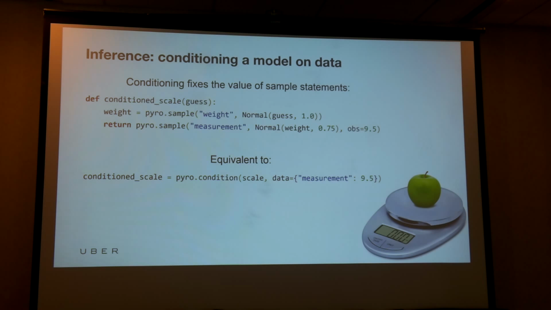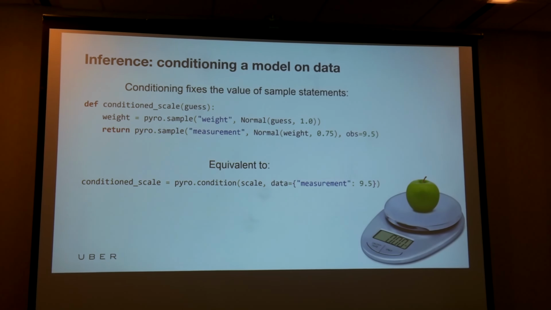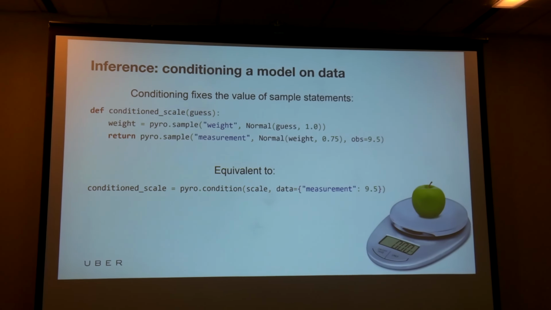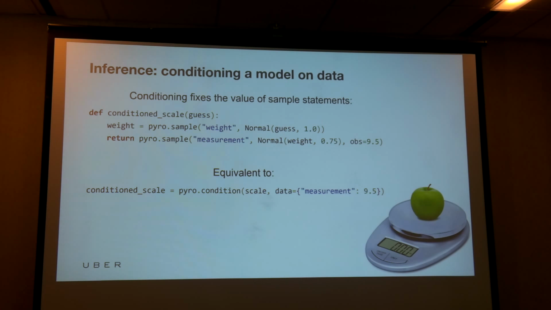But because Pyro is designed to be practical with the suite of inference algorithms that we've chosen, we prefer to condition on sample sites rather than adding things into the model.